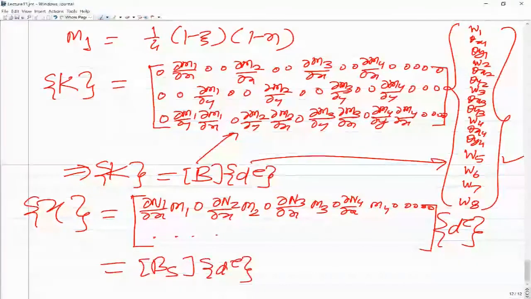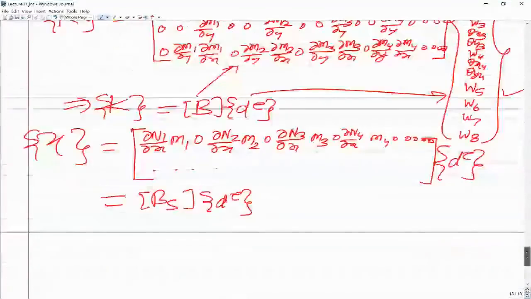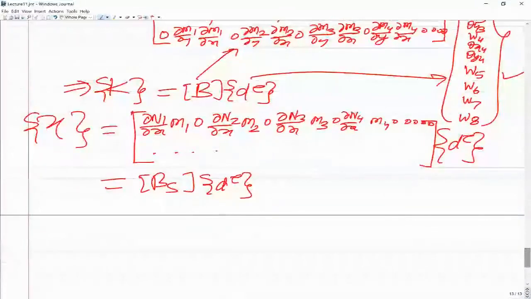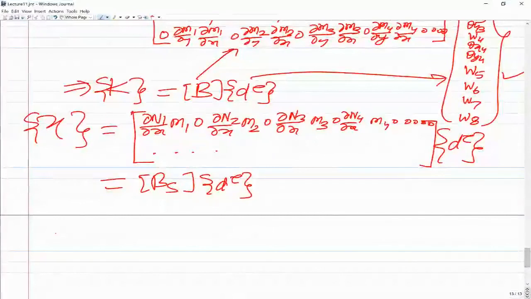So now this element gives you accurate results for both thick as well as thin elements, and you use full integration. For this element, use full integration for all the energy terms.